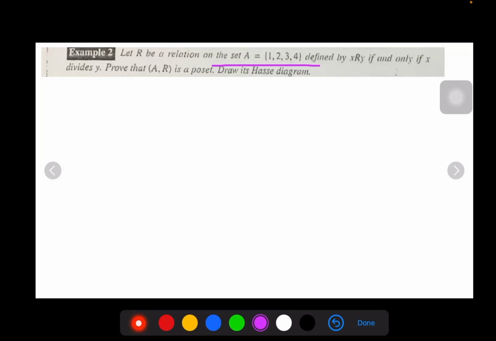Set A is defined as 1, 2, 3, 4. Relation xRy is defined as x divides y, and prove that (A, R) is a poset. Draw the Hasse diagram. So you also have to check what R is here. R is not directly given. R is defined in this way, and you know how to write this x divides y.